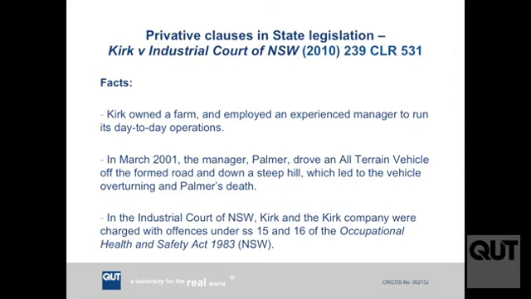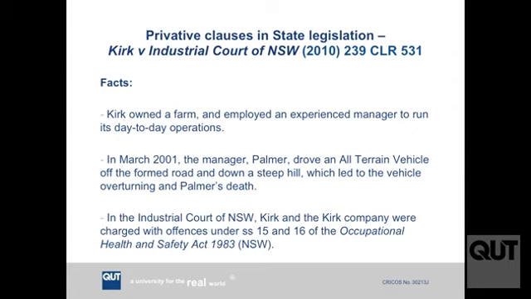In March 2001, Palmer used the all-terrain vehicle to carry some steel to fencing contractors who were working on the property. Instead of using a formed road which led to the paddock where the contractors were working, Palmer left the road and proceeded to drive down a steep hill. The all-terrain vehicle overturned and Palmer was unfortunately killed.